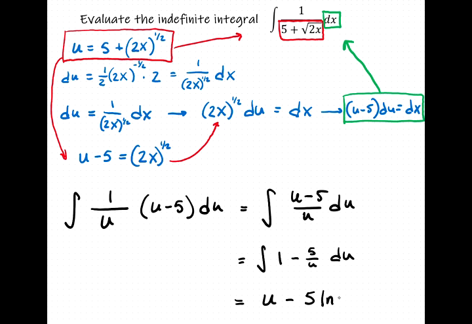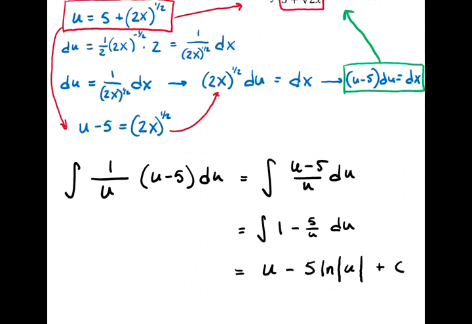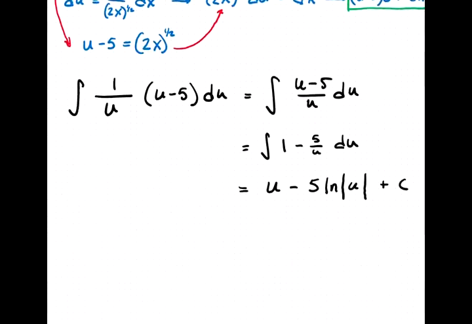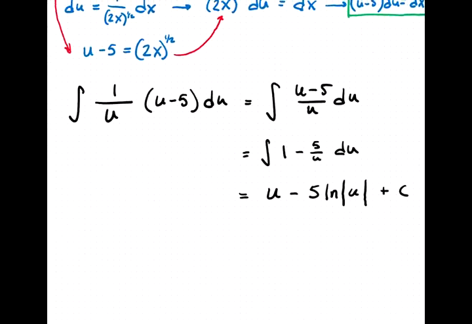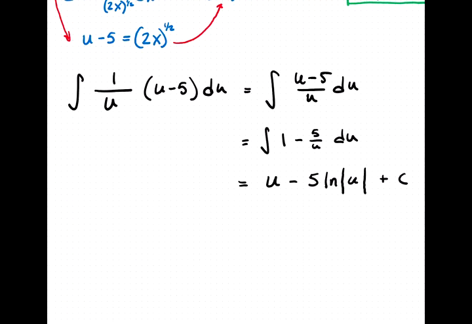So 5 times the natural log of the absolute value of u. And don't forget the plus c, the constant of integration. Okay, and so that's it. The integration is done. Now we just have to back substitute and replace the u back with what u is holding the place for. And u is equal to 5 plus the square root of 2x.